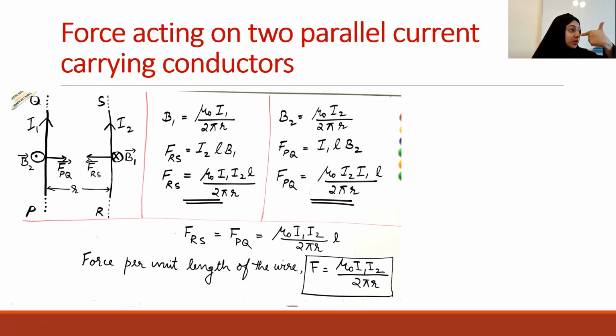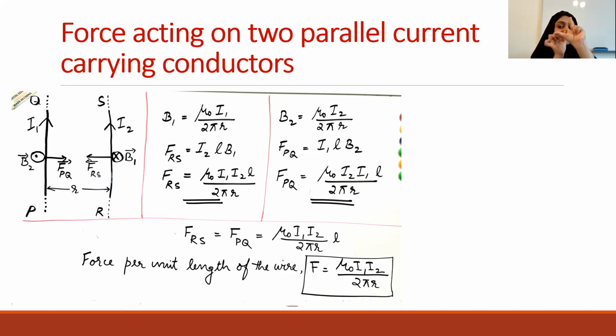And then I have to hold my second finger, that is current, upwards. So how will I fold it upwards? I have to hold like this. If I hold like this, the second finger should be upwards.